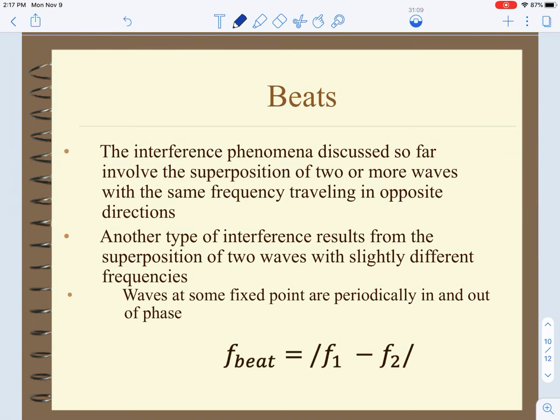If we have interference of two waves that are very close in frequency but slightly different, instead of them joining up so that they are perfectly in phase with each other, sometimes what we get is two waves that are slightly offline. As a result, we're going to have some variation in how they constructively and destructively interfere.